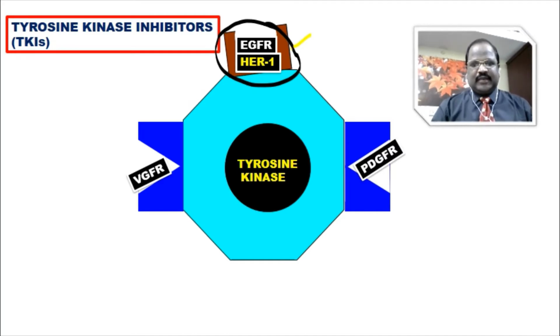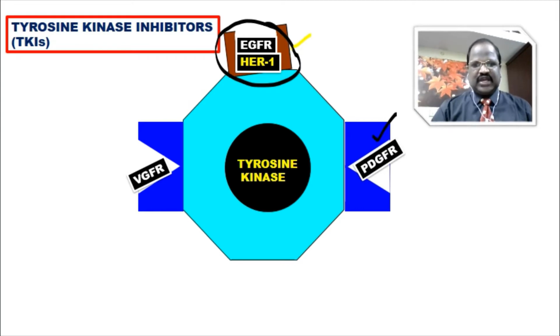There is another important growth factor called VGFR. VGFR means vascular growth factor receptor. One more thing, PDGFR. PDGFR means platelet derived growth factor receptor. So, when you say a drug is a tyrosine kinase inhibitor, it may be either EGFR blocker or VGFR blocker or PDGFR blocker.